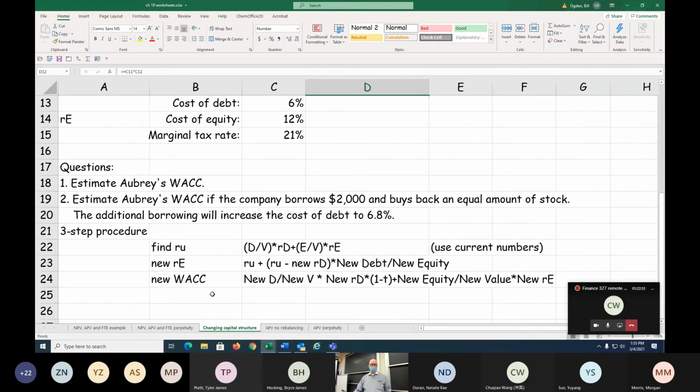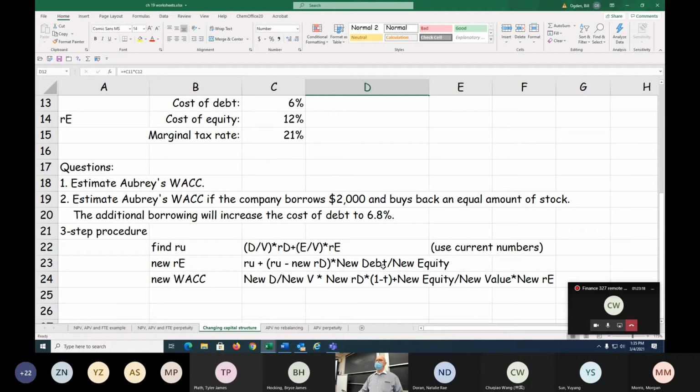And away you go. Last step, new WACC. You want the new debt to value times the new RD times 1 minus T, plus the new equity divided by the new value times the new RE. And where do I get RE?